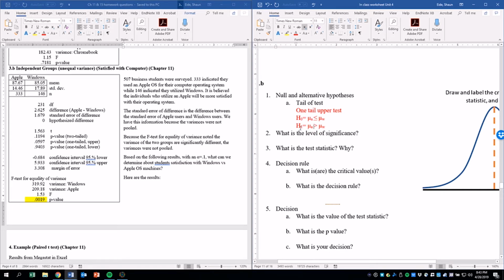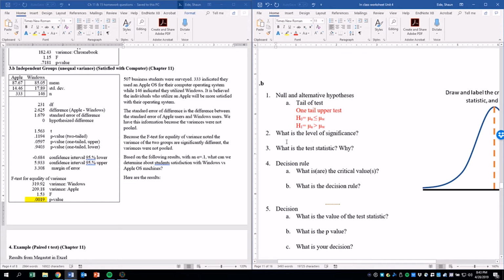And then right here, the alternative hypothesis, what we expect to happen, is the mean of Apple is greater than the mean of Windows users. So we've got the null hypothesis, we've got the alternative hypothesis. This is what we expect to happen, and this is what's going to happen if we fail to reject the null hypothesis. So in other words, it's going to say that it's equal.